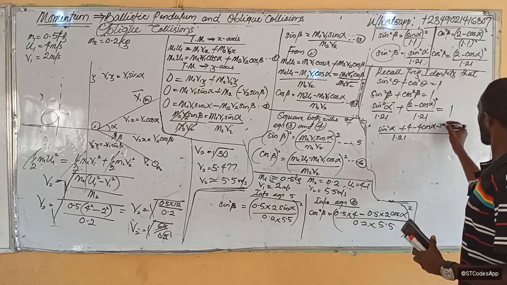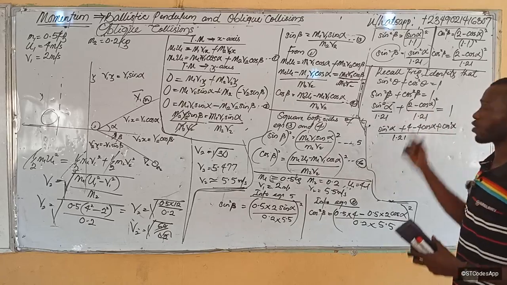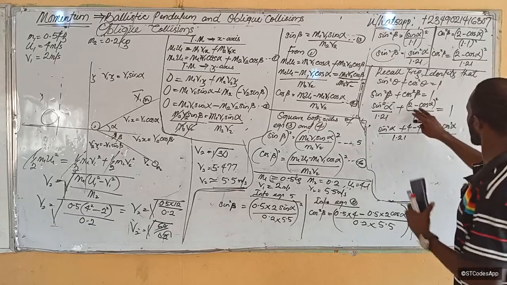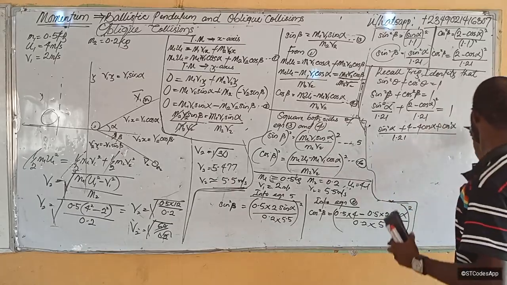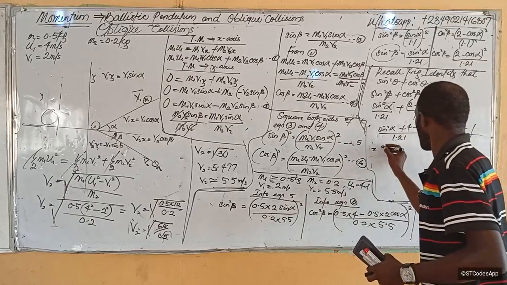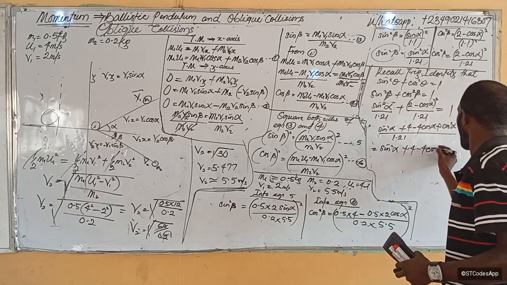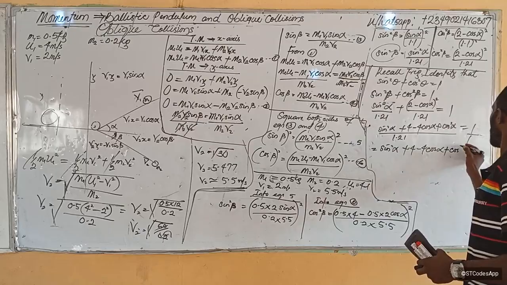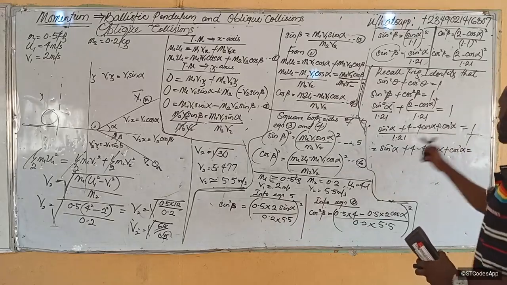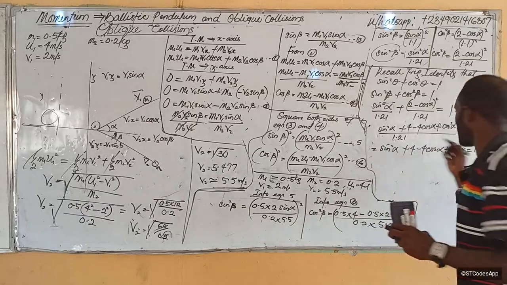Is that clear? Then plus cos squared alpha. You just open your bracket normally. So this is what you get. It's equal to 1. Cross multiply. So when we cross multiply, we have sine squared alpha plus 4 minus 4 cos alpha plus cos squared alpha is equal to 1 times 1.21.